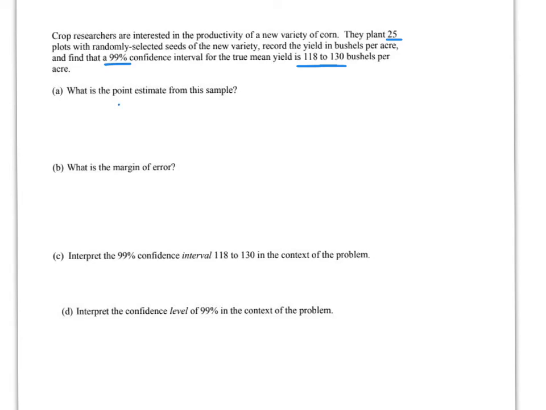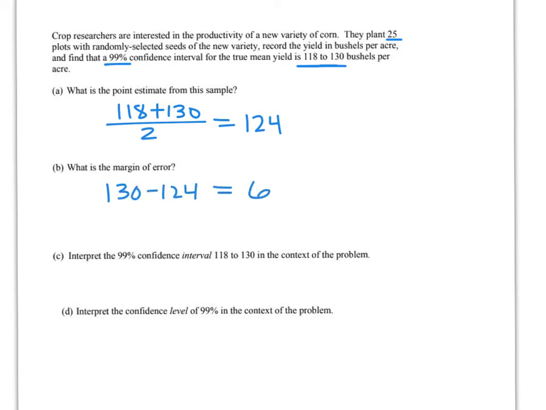So essentially, I just need to find the value that's halfway between these two. So 118 plus 130 divided by 2 is 124. So if my point estimate is 124, then my margin of error is the difference between 130 and 124, which is 6.